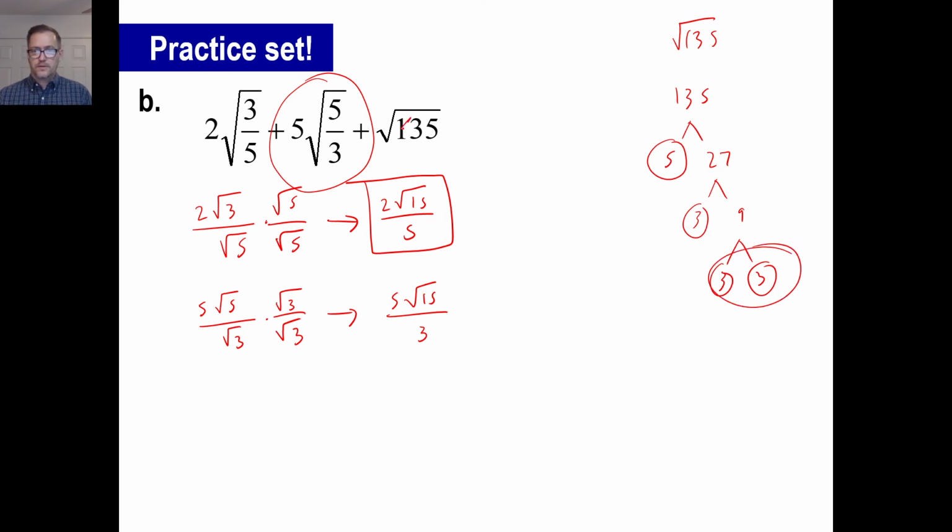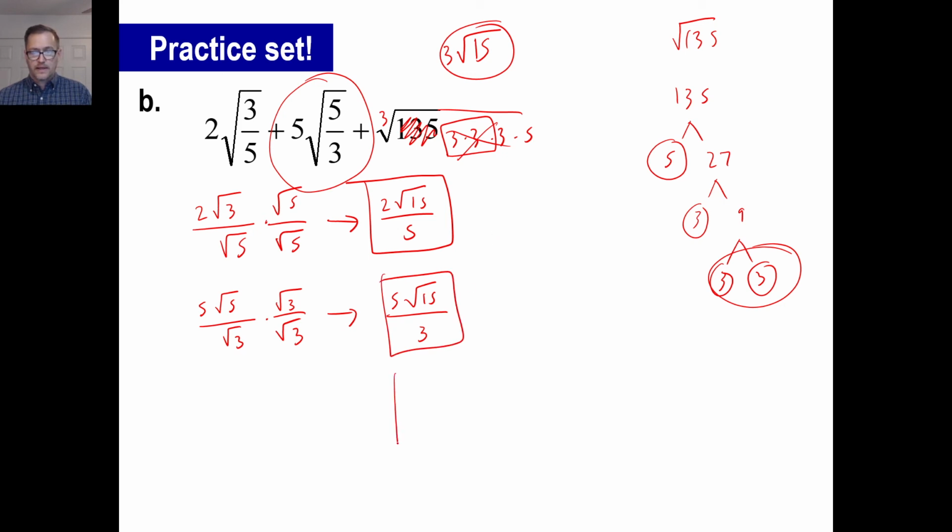In other words, this is going to be 3 times 3 times 3 times 5. There's your pair that comes out. That's the square root of 9, that goes out to be 3. And then 3 times 5 is 15, so that's your term right there. So our last one is 3 square root of 15. Let me do a tiny bit of erasing here so I can get some room.